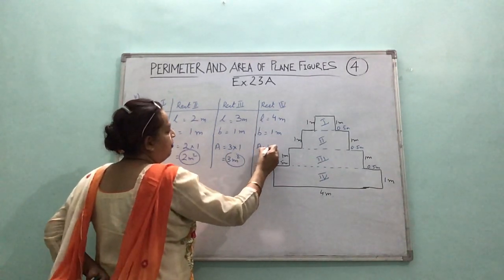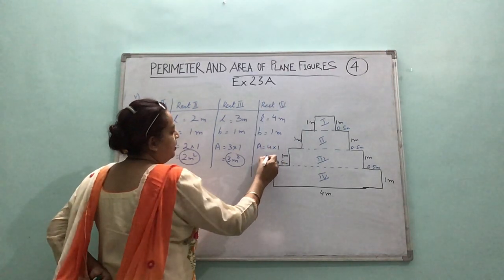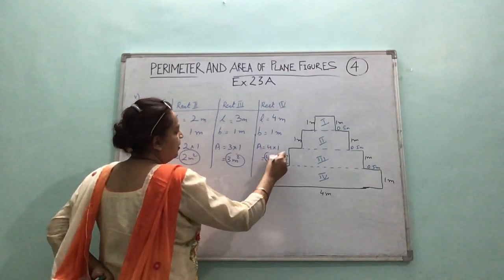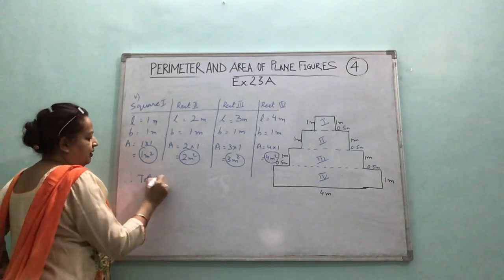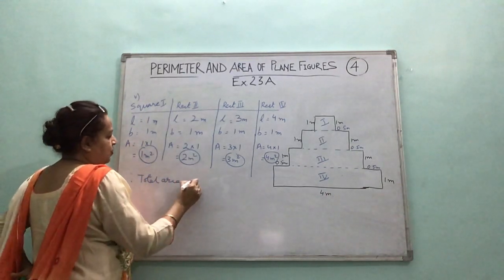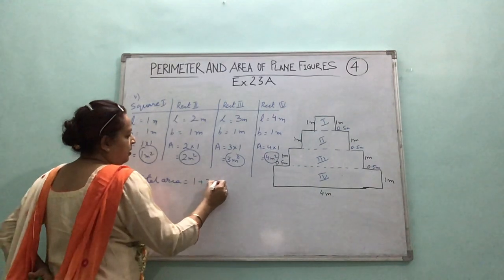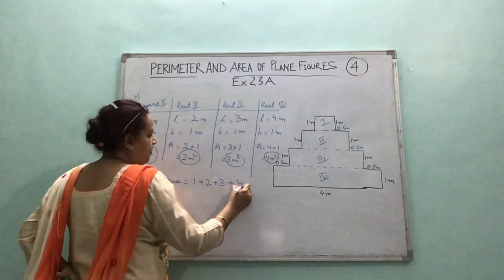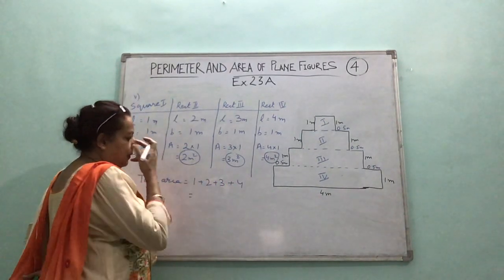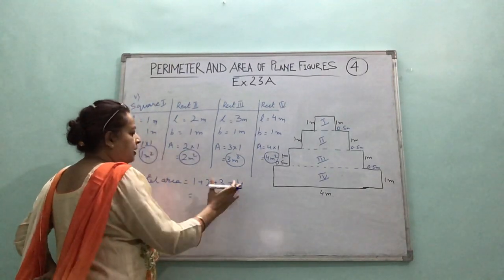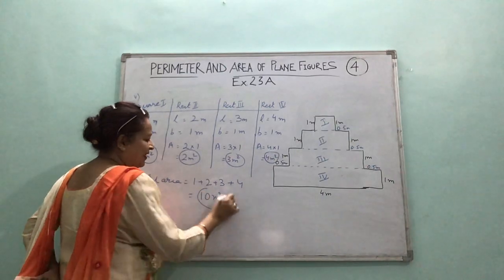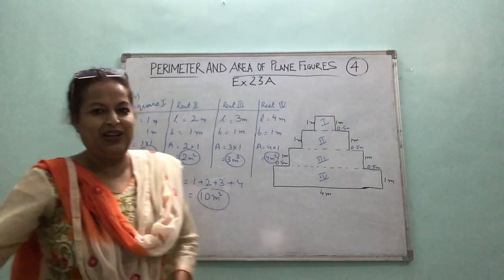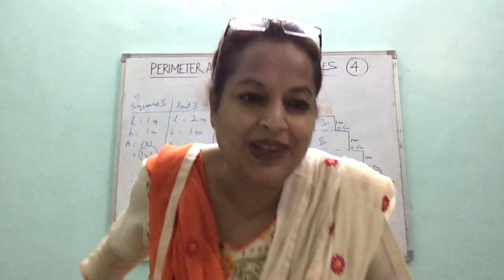Area is 4 into 1 is equal to 4 meters square. Therefore, total area is 1 plus 2 plus 3 plus 4. So, this is 4, 5, 10 meter square. Right? So, area of the shaded portion would be 10 meters square.